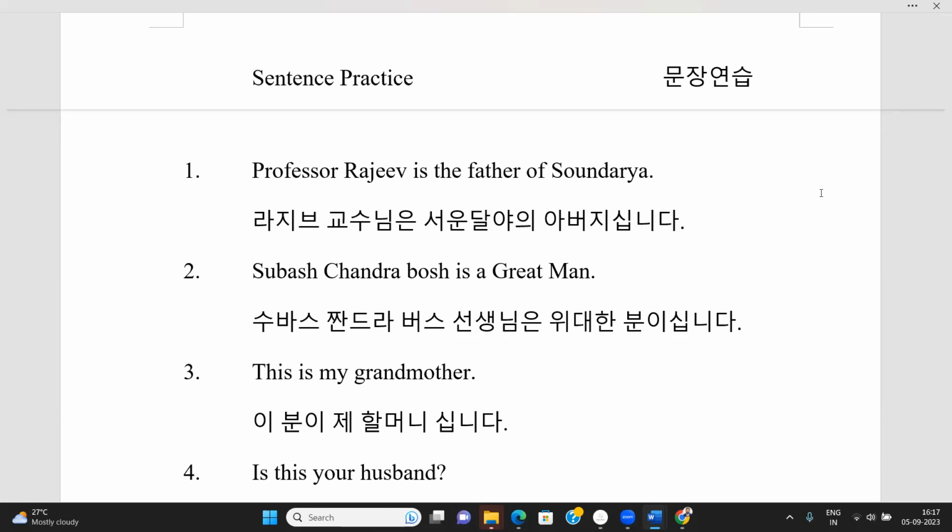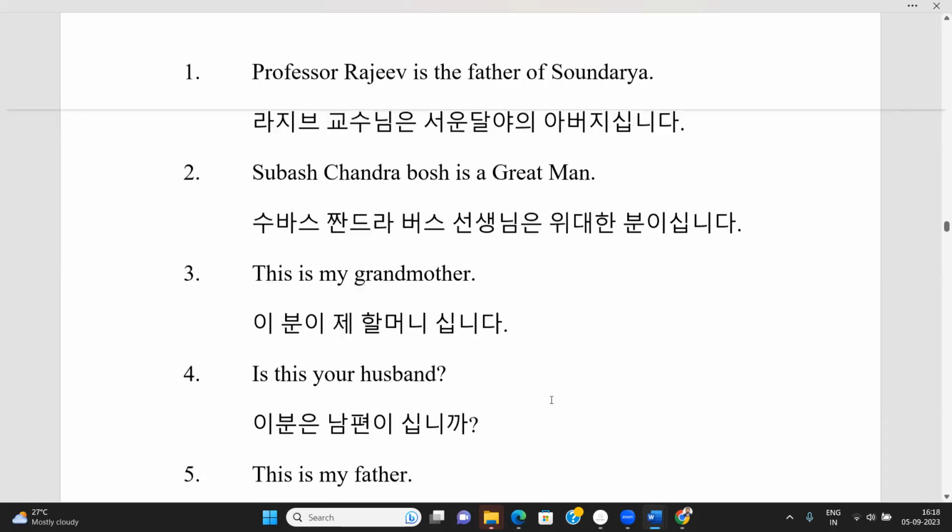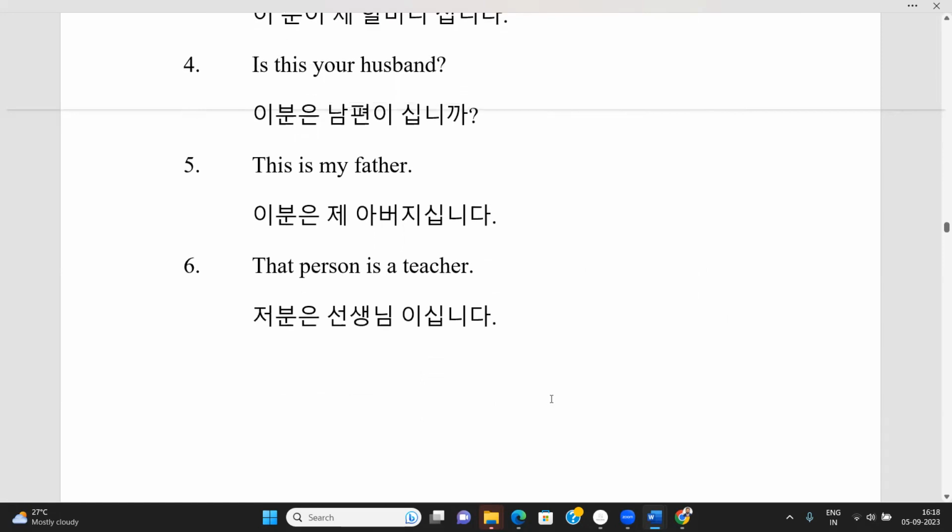This is my grandmother. 이분이 제 할머니십니다. Is this your husband? 이분은 남편이십니까? This is my father. 이분은 제 아버지십니다. That person is a teacher. 저분은 선생님이십니다.